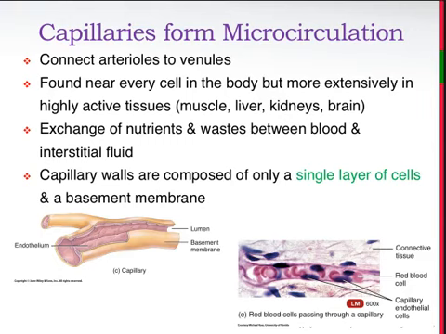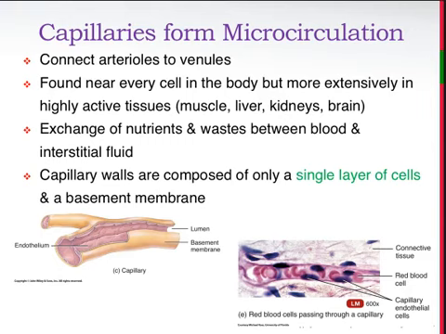Capillary walls are thin. They're composed of only a single layer of cells and a basement membrane, so there's not a whole lot to them as far as anatomy goes. You'll recall that we said that single layer of cells was the exact same tissue type and was connected all the way through the vasculature of the body and all the way back to lining the chambers of the heart.